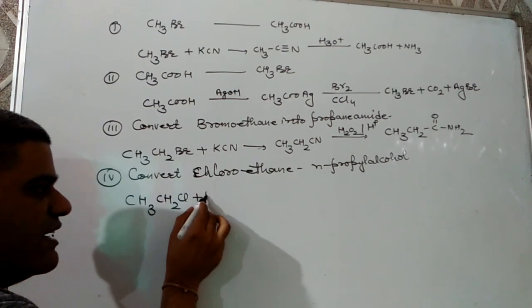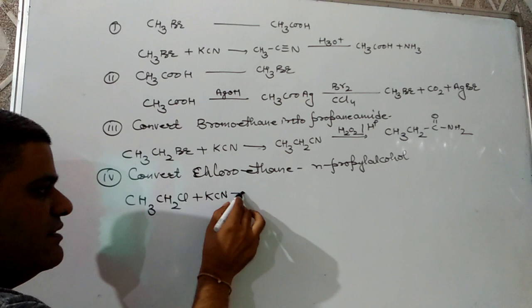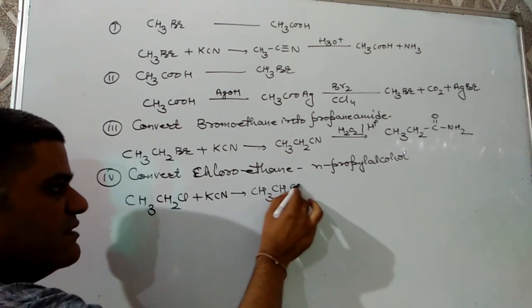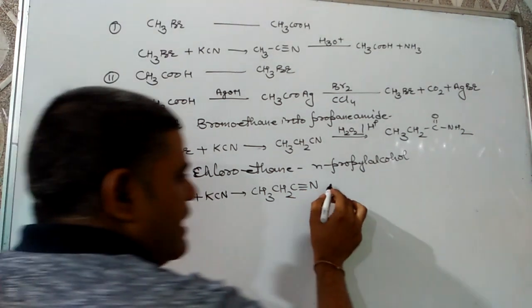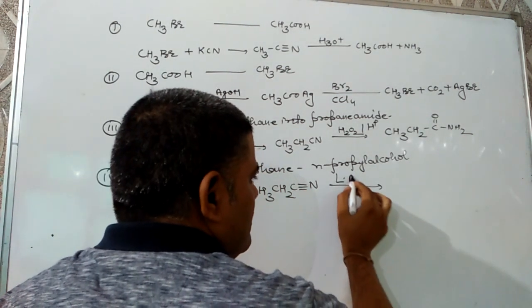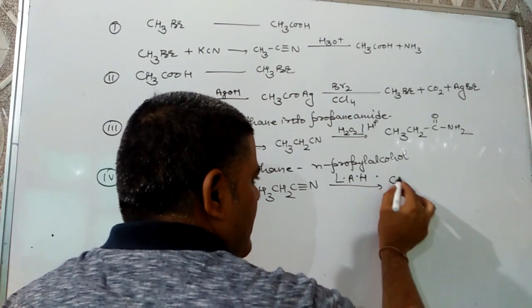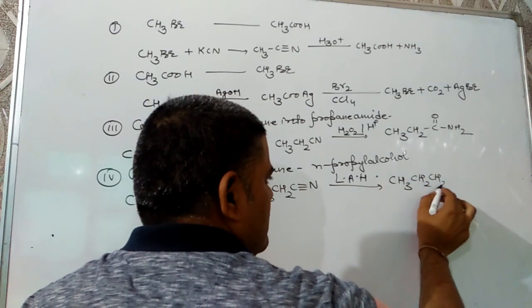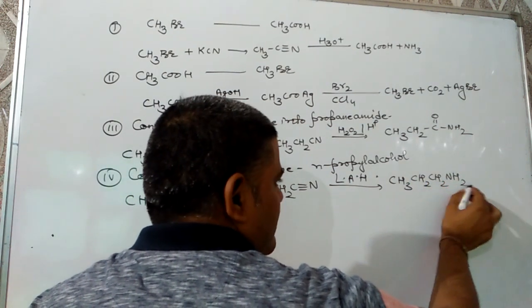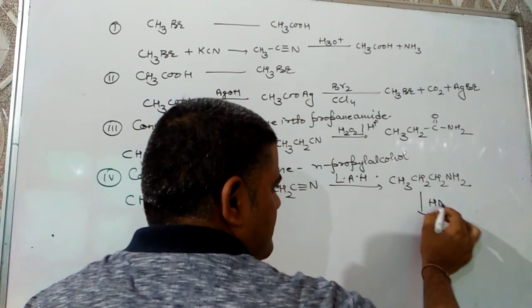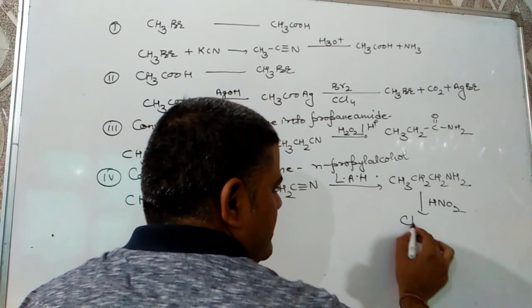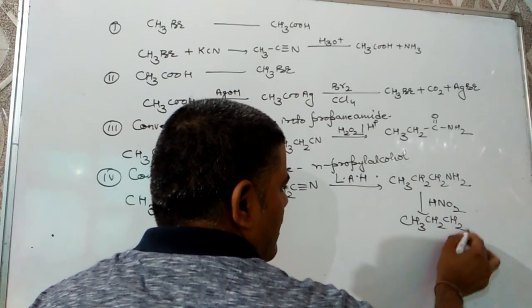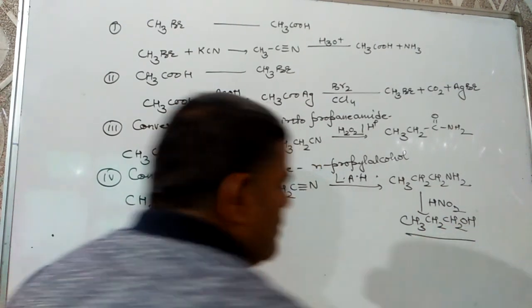We have to increase one carbon, so add KCN to get CH3CH2CN. Now we have to reduce it with lithium aluminum hydride, so we will get propanamine, CH3CH2CH2NH2. Now we have to treat it with HNO2 or NaNO2 in presence of HCl. So the product formed will be normal propyl alcohol.